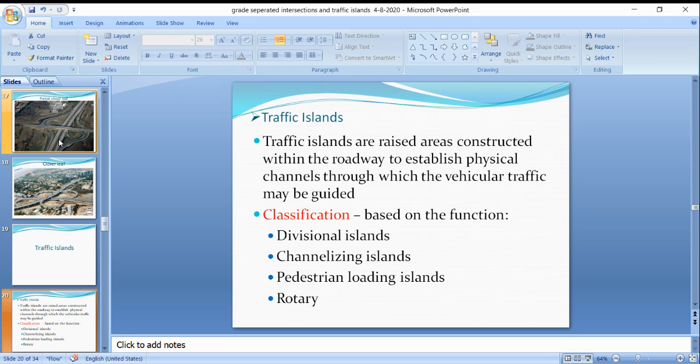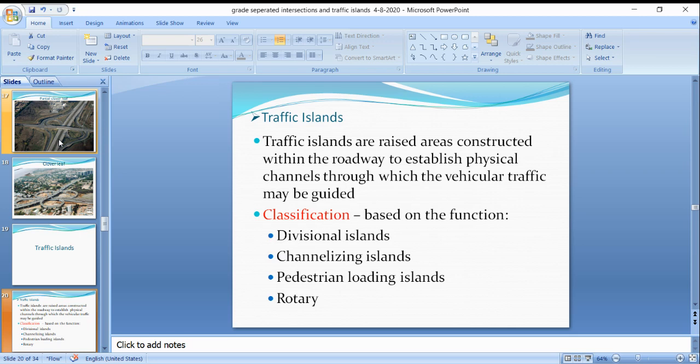When two or more roads of equal importance intersect at a point, traffic islands are introduced. So where the roads connecting at the junction are all important roads, we will introduce traffic islands.